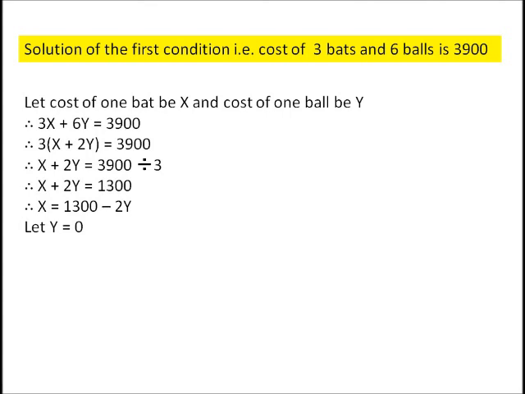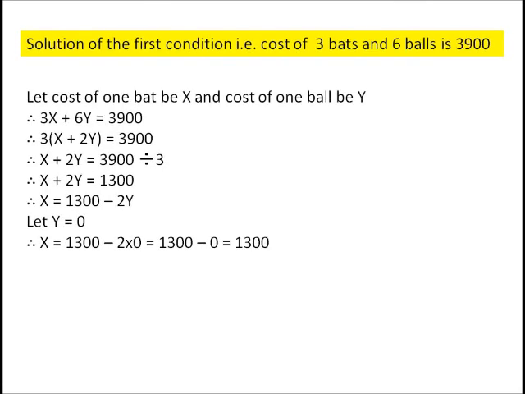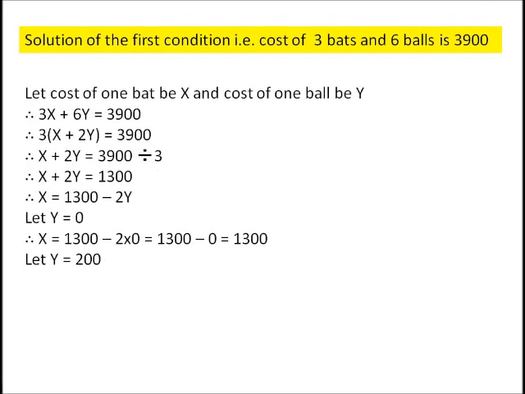Let y is equal to 0. Therefore, x is equal to 1,300 minus 2 into 0, which is equal to 1,300 minus 0, which is equal to 1,300. Let y is equal to 200.